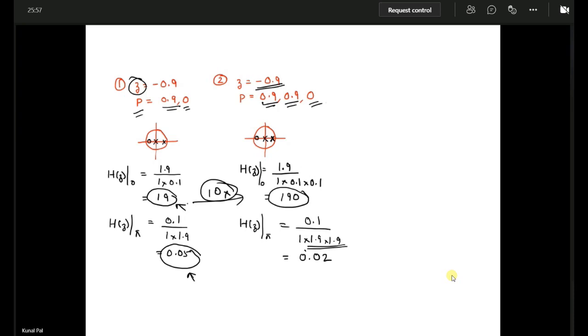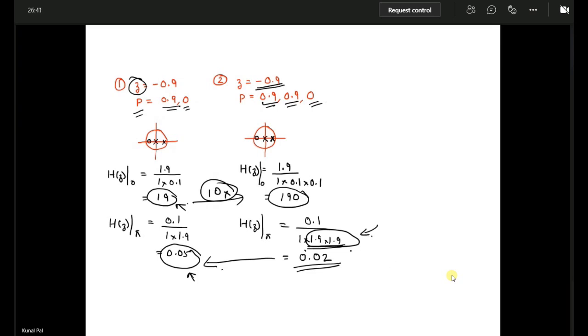So in this case, if you see, the amplitude response has reduced in comparison to the first case. Now, why is this happening? This is happening because the distance of the poles to the highest frequency has increased, and since it has increased, there is basically a squaring effect because of the location of the additional pole.